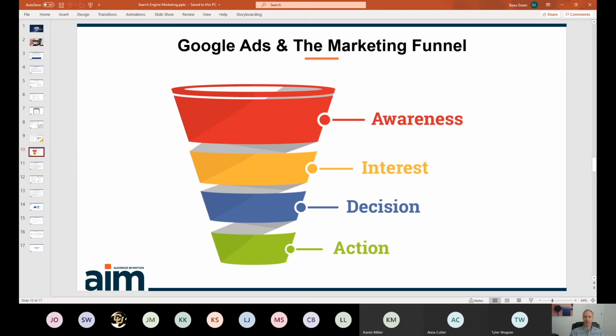So if you are looking to really drive calls or conversions on your client's website, Google Ads is going to be one of the most effective tools to do that. And then, like Anna said, bring in some of those other awareness tactics, such as programmatic and YouTube, filling the funnel with awareness, and then make sure you are running Google Ads so that when someone does search for that product or service, you're right there to capitalize on that.